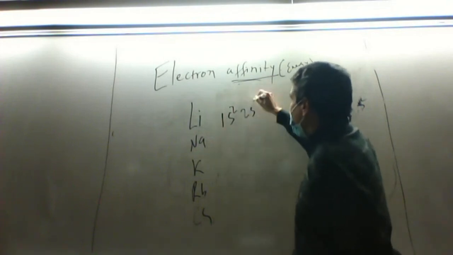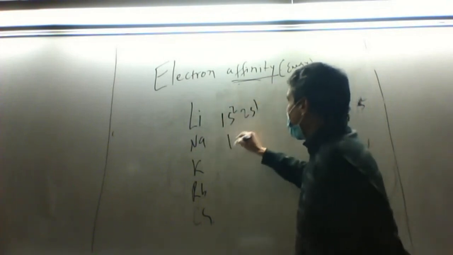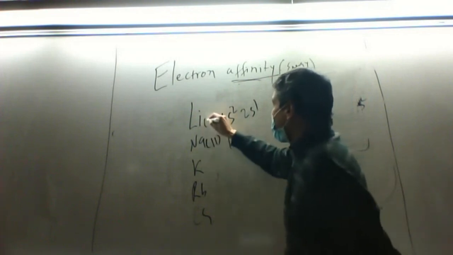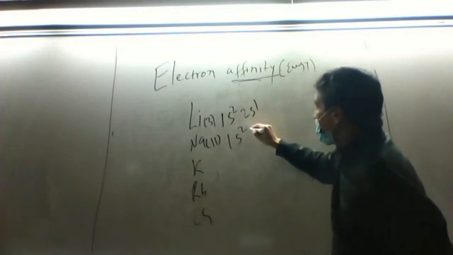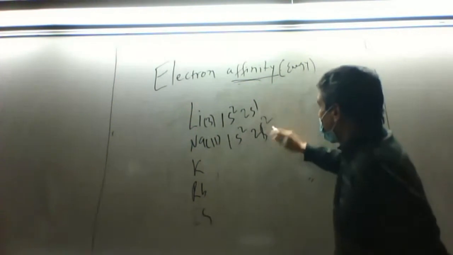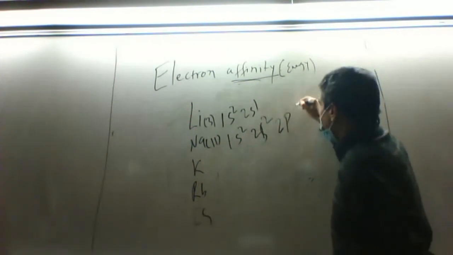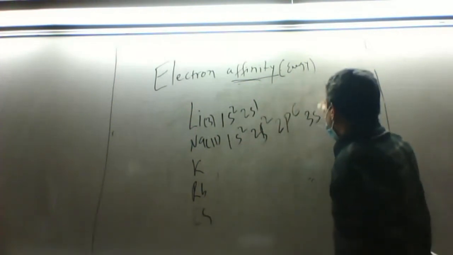This is 1s2, 2s1. Sodium is 11, so that is 1s2, 2s2, 2p6, and 3s1.